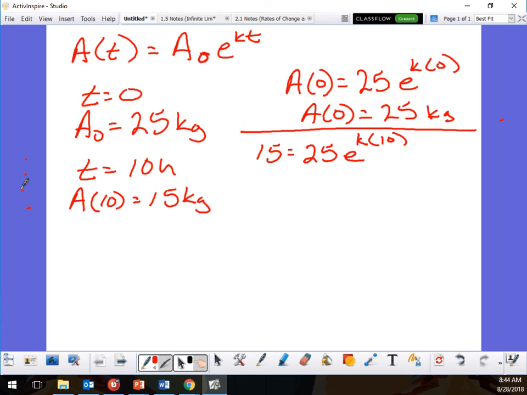So, to do that, I need to try and get e by itself first. How would I get rid of the 25? Divide both sides by 25. Do it. So now I could reduce that to what? 3 over 5 equals e to the 10k.